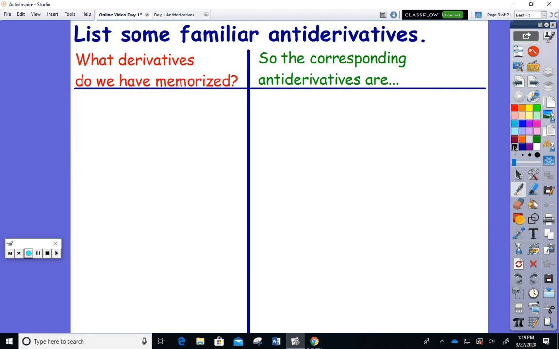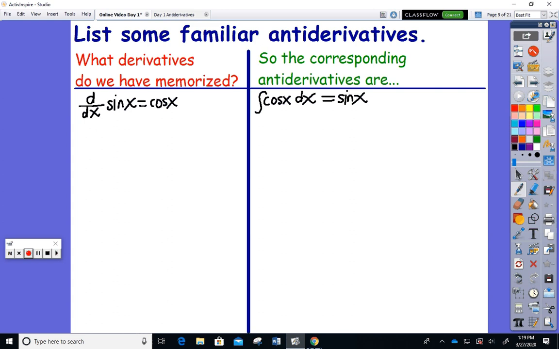So I remember that we did trig functions. So I know that the derivative of sine x equals cosine x. That means I can say that the antiderivative of cosine x equals sine x.